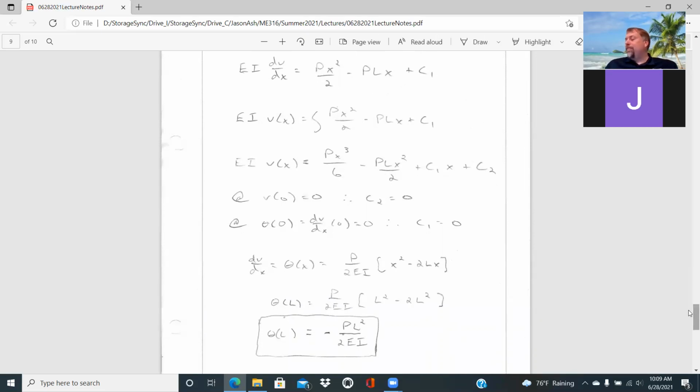But one of the things we might want to solve is the slope at L and the displacement at L. And so if we go back to our first expression way up here, dv dx is equal to our slope, is equal to p over 2EI times x squared minus 2lx.